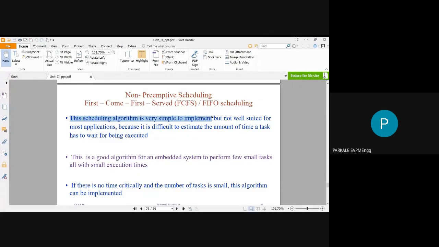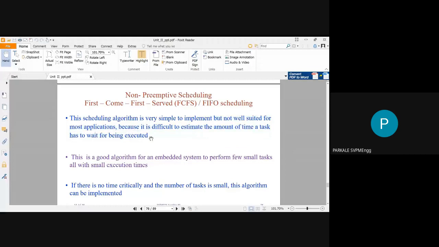But it is not suited for most applications because it is difficult to estimate the amount of time a task has to wait before being executed. That means the advantage is that it is very simple to implement, but the disadvantage is that it is very difficult to estimate the amount of time each task has to wait for being executed.